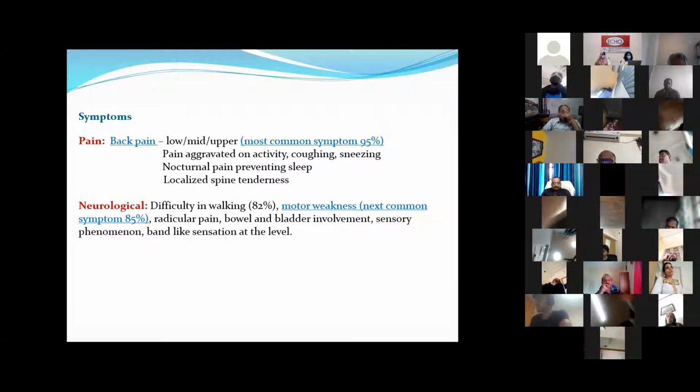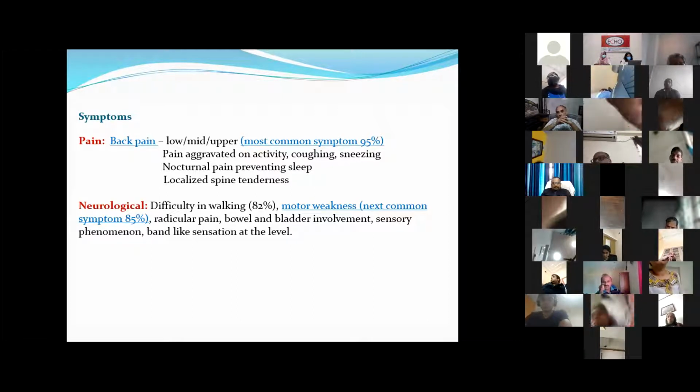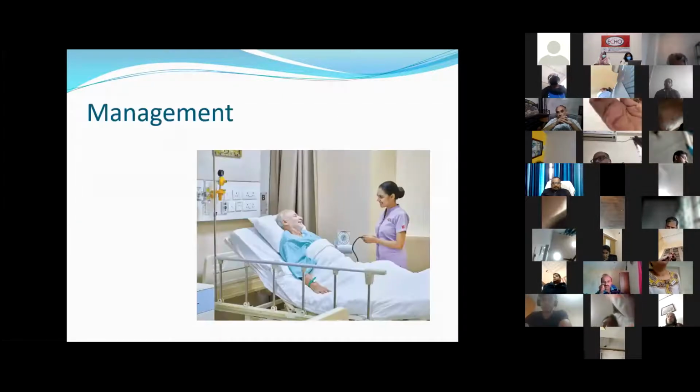Bowel and bladder involvement is not very common; you can say 45 to 50% of cases will have bowel or bladder involvement, and sensory phenomena may or may not be present. But the diagnostic features are pain, nocturnal pain, incidental pain, local spinal tenderness, and neurological deficit with radicular pain. If a patient has this picture, you have to have a highly suspicious clinical diagnosis of metastatic spinal cord compression. So how will we manage?